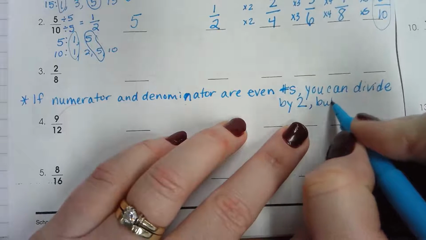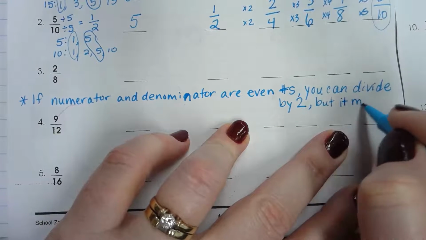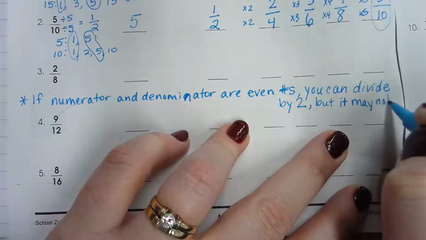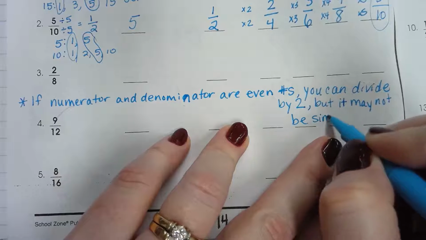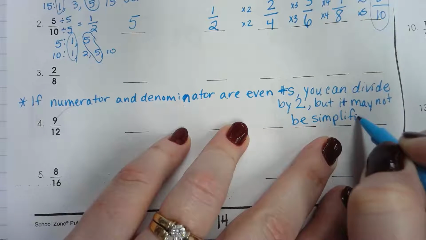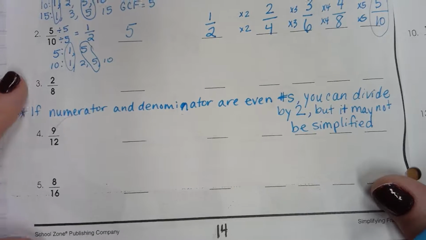But it may not be simplified, meaning you might need to divide it again and again and again by 2. Okay?